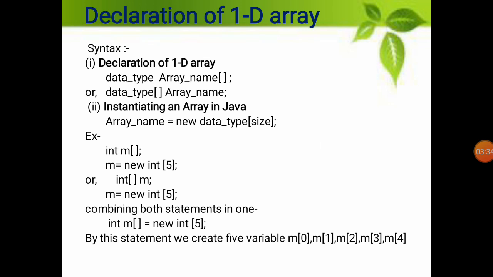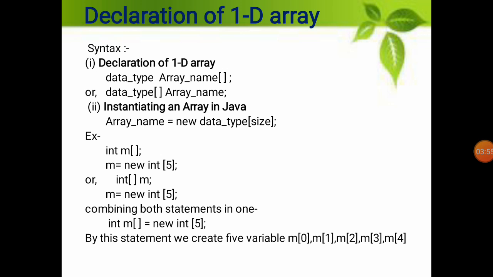Now declaration of 1D array. An array must be declared or created before it can be used. And this is a two-step process. First we declare the array, and second we create the array with the new operator. See this one, the syntax for declaring an array.